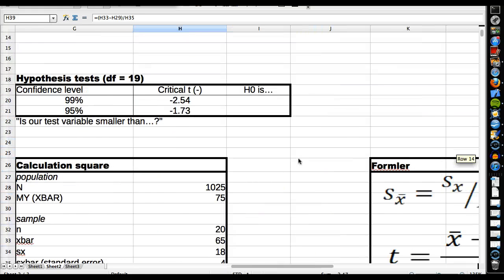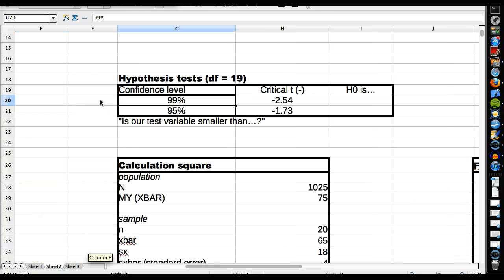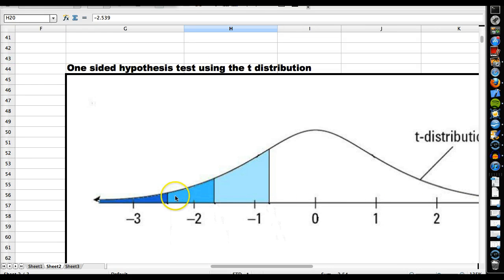So what you do is you determine the confidence level, and we're going to be doing it for 99% and 95%. So at the 99% confidence level, I look up in the tables and I find a critical t-value of minus 2.54. So in that case, I will be located somewhere around here. Oh, in fact, I even have the line there. And that means that at 99% confidence, I only have 1% out in the tail.